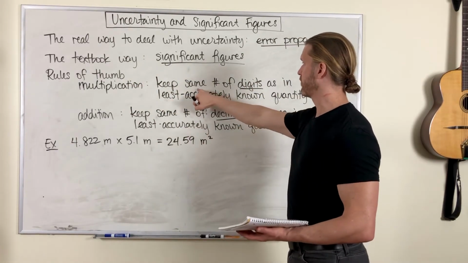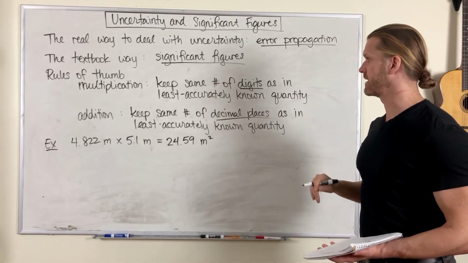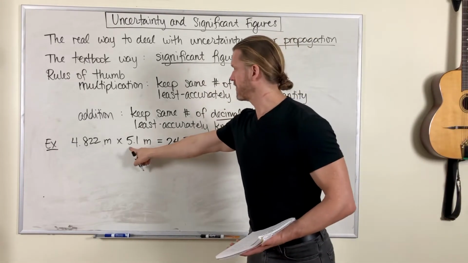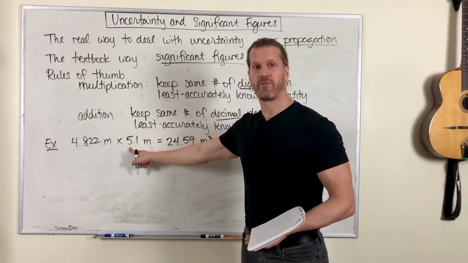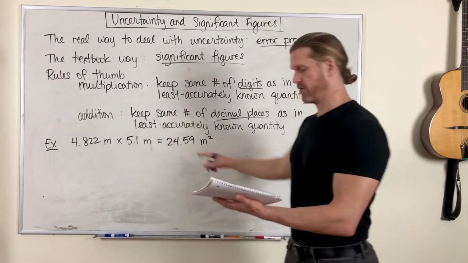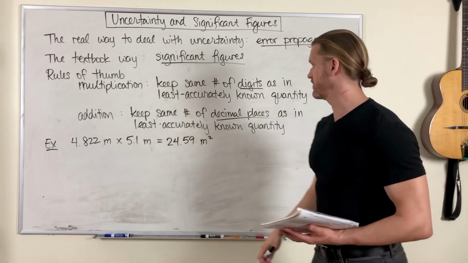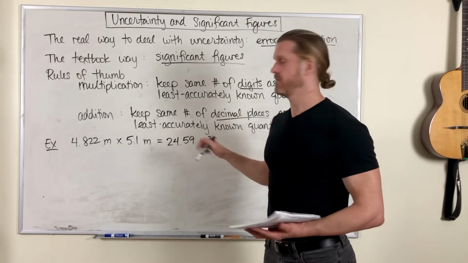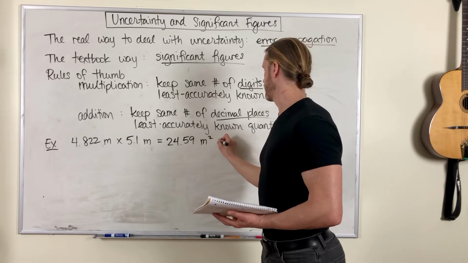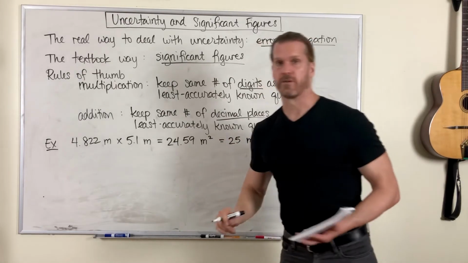In our final answer, we should keep the same number of digits as in the least accurately known quantity. Our least accurately known given quantity was 5.1 meters, which has 2 digits. So in our final answer, we should express it using just 2 digits. So you take this answer and you round it to the nearest 2-digit answer, which is 25 square meters.